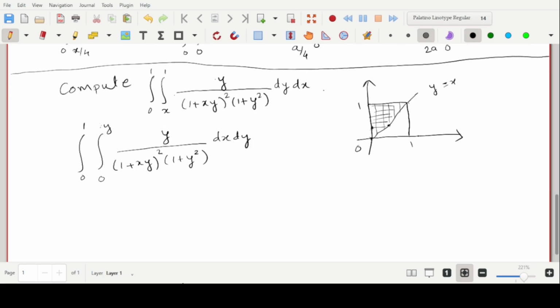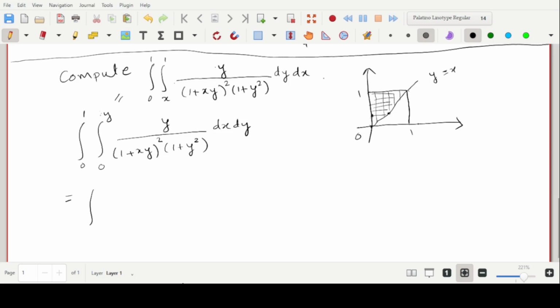Okay, so we can write this as, in fact I would write equal. I have explained everything by changing the order of the integral, though I haven't written it anywhere, but you understand it.